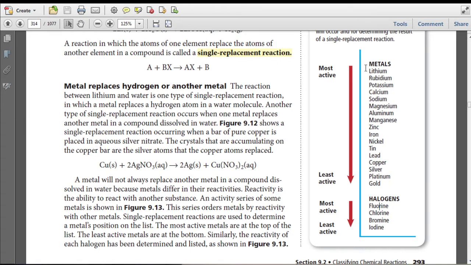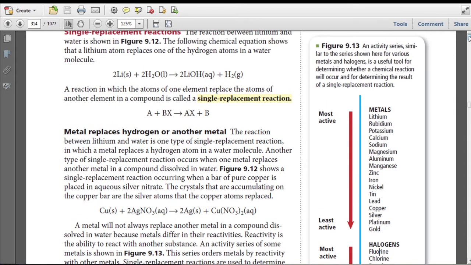We would use this single replacement chart to predict whether a metal would be able to replace another metal in a given compound. If the solid metal is more active than the metal in the aqueous compound, then yes, it would be able to replace it.